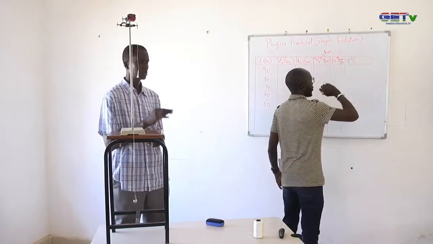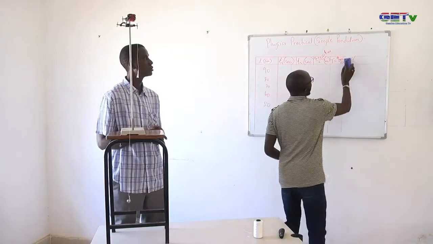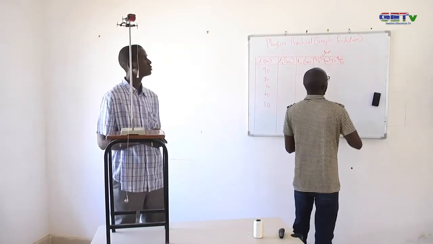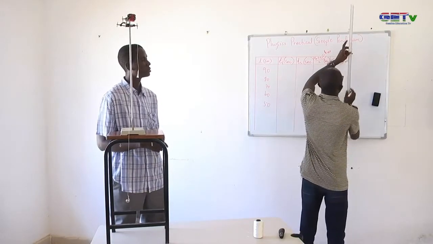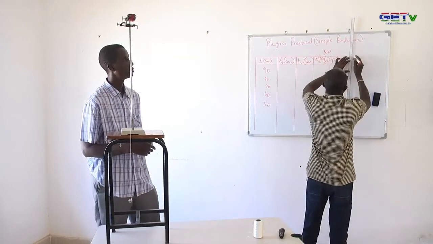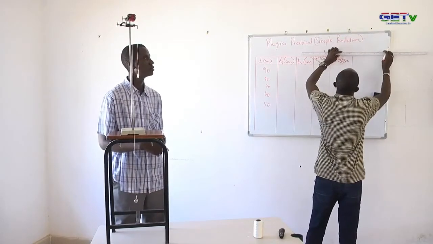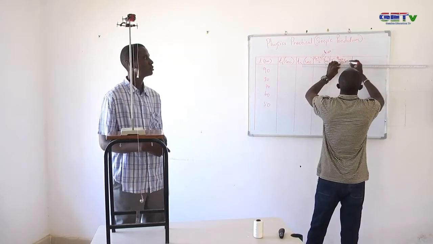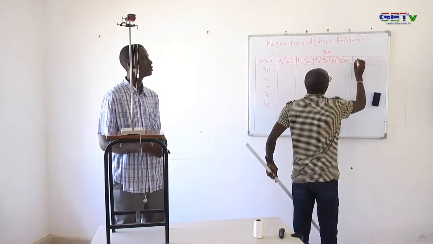Now here, students have a problem. Again, before I go further, I need to indicate the unit of these two. This is also going to be in seconds. And the last column that we are going to have will now be t squared.